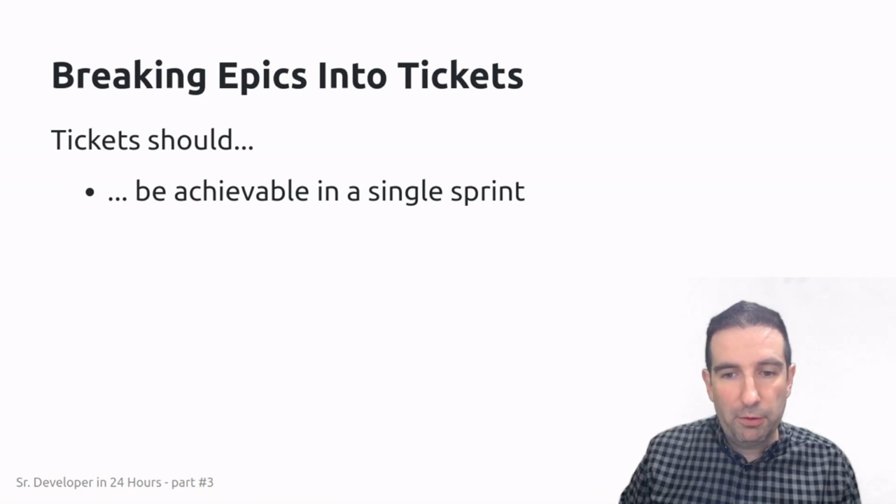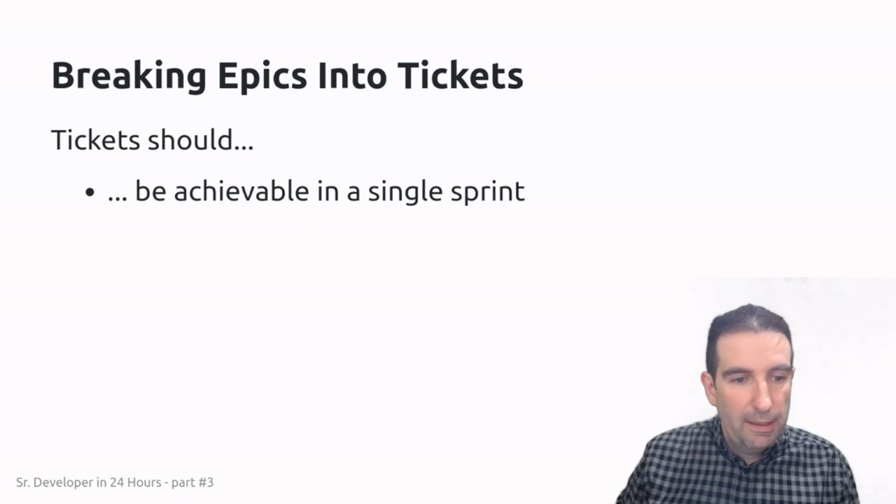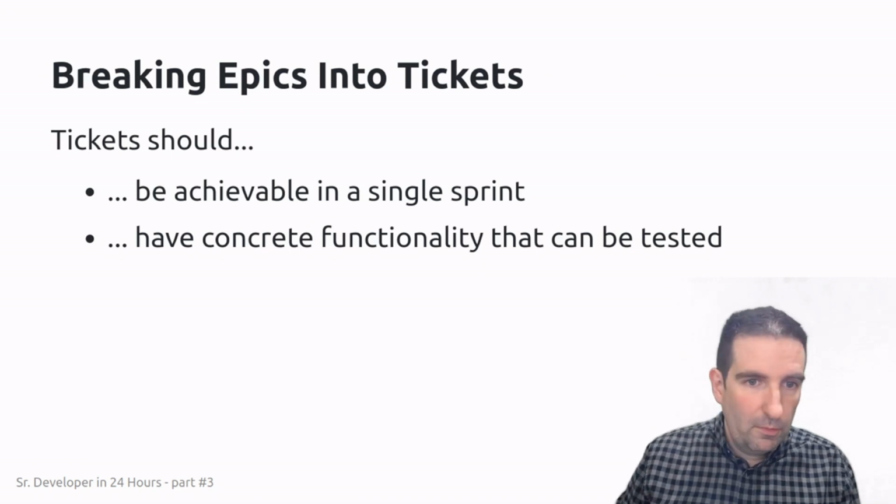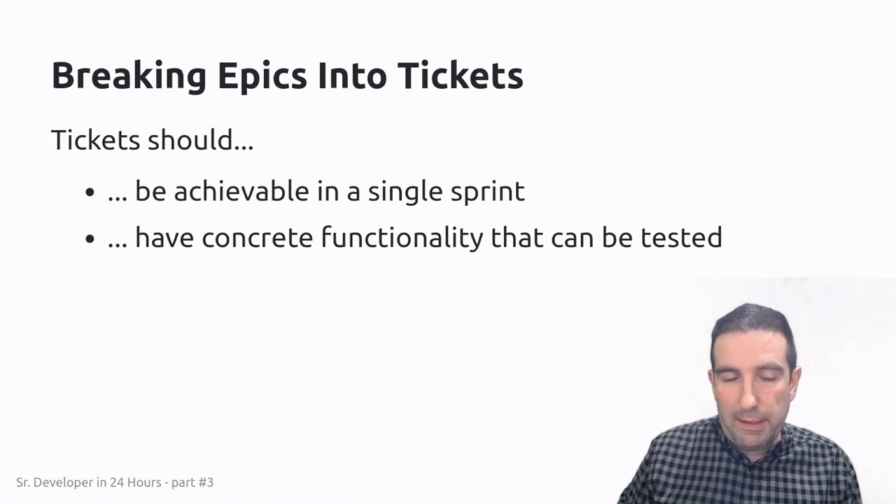We also want them to have some concrete functionality that we can test. What does this mean? We want these tickets to stand on their own so that we can see whether it's working or not working.